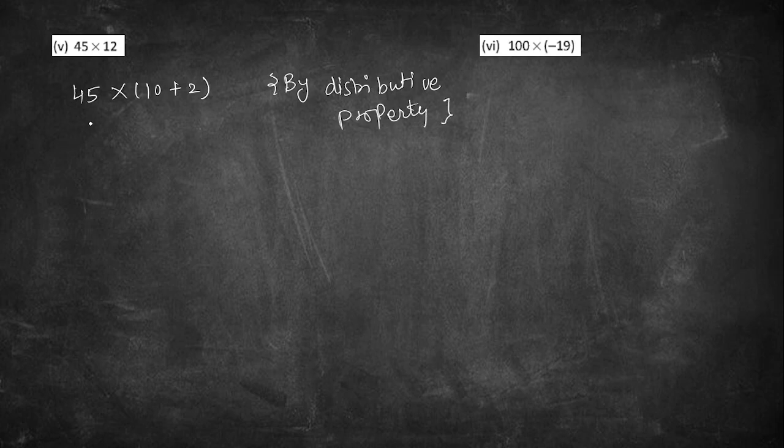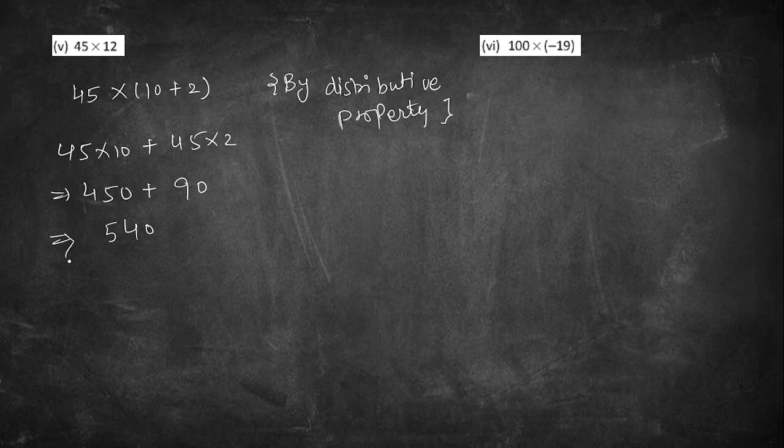So by distributive property we can write it as 45 into 10 plus 45 into 2. So this will be 450 plus 45 twos are 90. So this will become 450 plus 90, which is 540. Right? Is it clear?